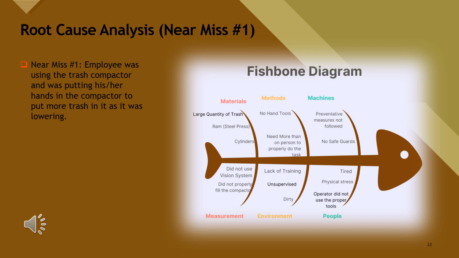So all of these positives and negatives, which I don't have any positives for this. I really don't. And it's hard to find some positives in some incidents. But with this near miss, there was a lot that could have been done to change the outcome or to change the process of this task.